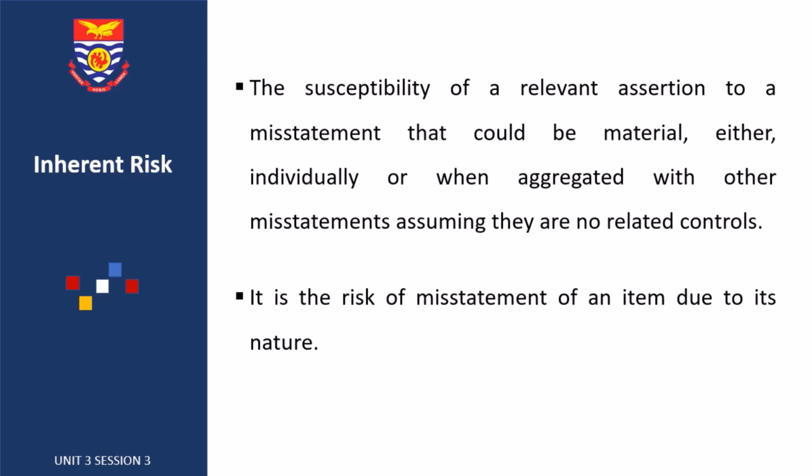So an example is comparing inventory and cash. Some inventories may have higher inherent risks due to valuation basis. So you have to value some inventory. You ask yourself the nature, what is the basis of the valuation? What is the qualification of the valuer? Can this value be relied upon?